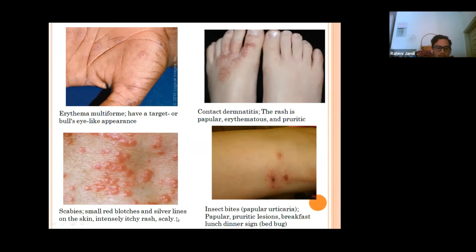The rash is scaly with red blotches and small silver lines, and is usually itchy. Lastly, insect bites or papular urticaria are usually papular pruritic lesions. In this picture, there's a breakfast, lunch, and dinner sign, which is a sign of bed bug bites. There are three different lesions caused by the same bug.